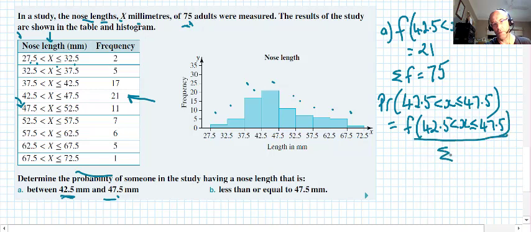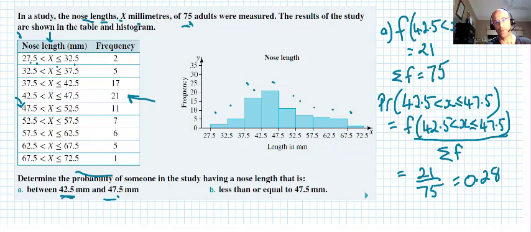So it's the relative frequency. Okay, so on the top I'm going to put 21, on the bottom I'm going to put 75, and that's 0.28. So the probability that somebody is between 42.5 mil and 47.5 mil in nose length is 0.28 according to the data from that study.